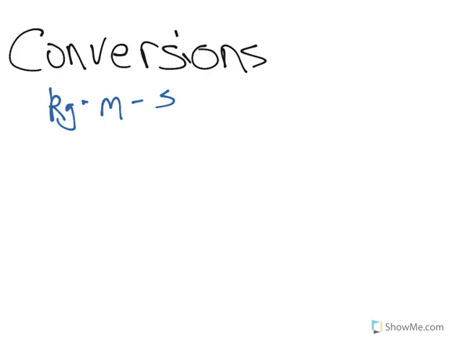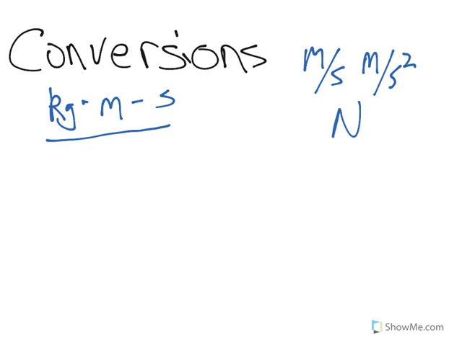So look down and check if the answer's in kilometers per hour or kilometers or something like that. If it is, then don't convert it. If it isn't, then do convert it. In order to get units like meters per second squared, or newtons, you have to have it in these three units. So let's quickly go over how to convert.